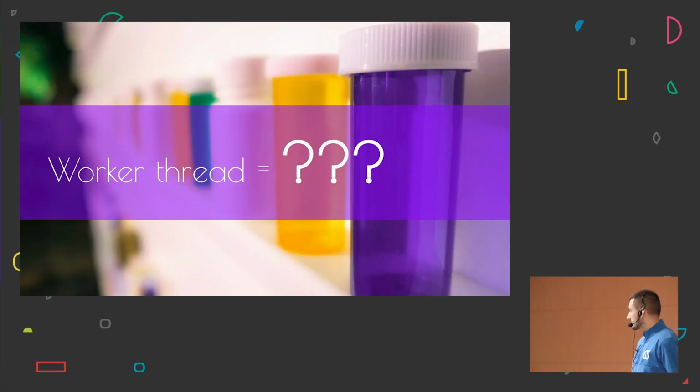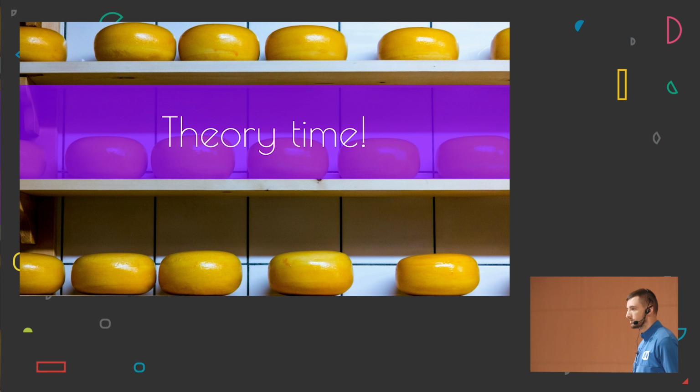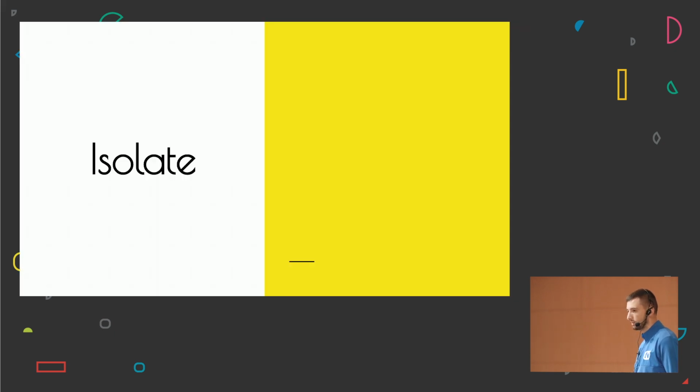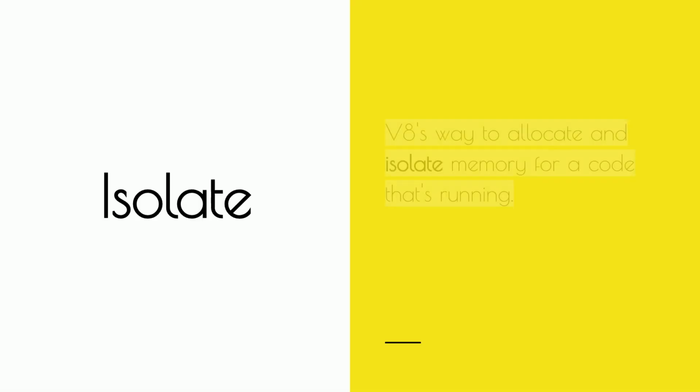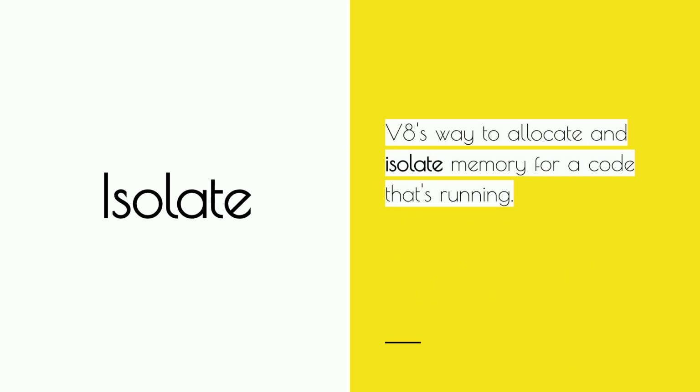But how is the worker thread actually implemented in NativeScript? Well, perhaps it's time for some theory. We mentioned isolate, but what is the isolate actually? The isolate in V8 terms could be considered as a V8 process. It has one garbage collector, it has a memory manager, and it executes JavaScript.